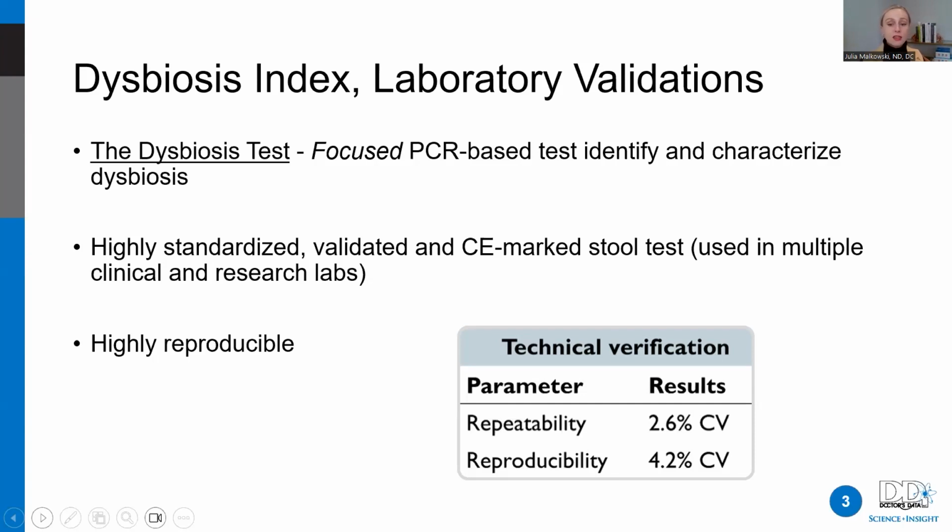The coefficient of variation is less than 5% across the board, so this is a highly reproducible, standardized test. The addition of the CE mark, the European equivalent of the FDA, shows that there is additional validation there. That is why this portion of the test is utilized all over the world in clinical and research settings.